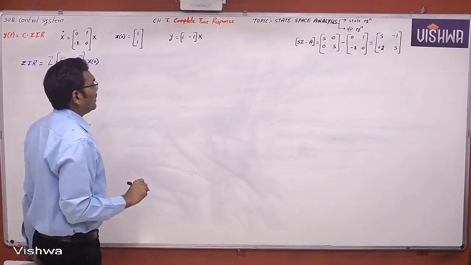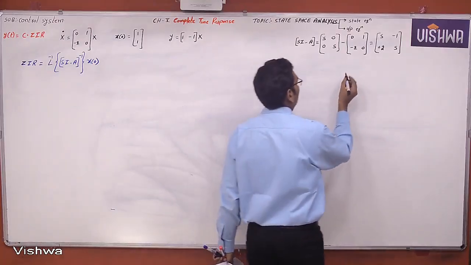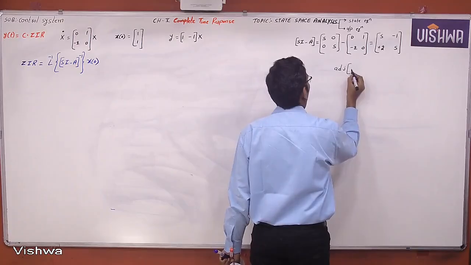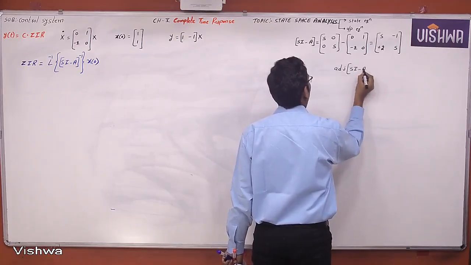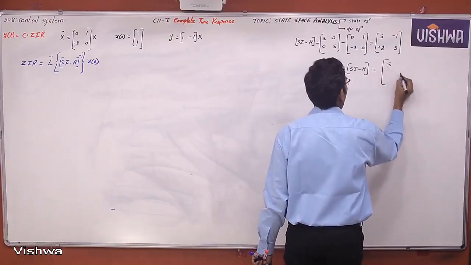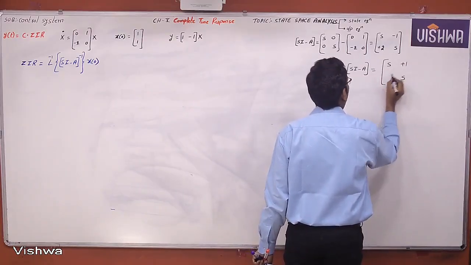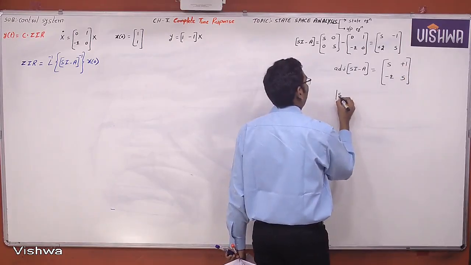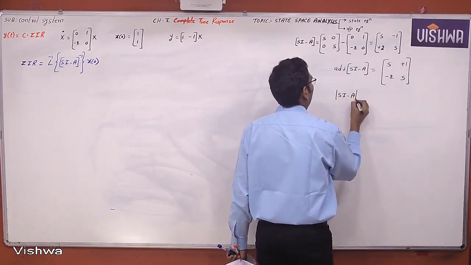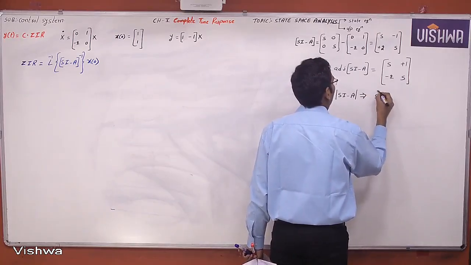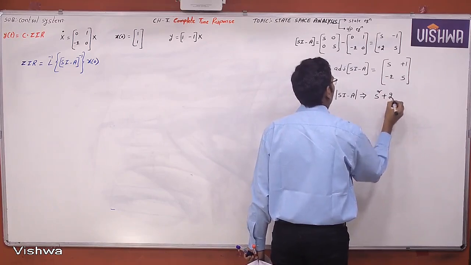Now I want the inverse of the SI minus A matrix, so first you should find the adjoint of the SI minus A matrix. What is the adjoint? The diagonal element positions are interchanged and the off-diagonal element signs are changed. And the determinant of SI minus A is equal to AD minus BC, which is S squared plus 2.